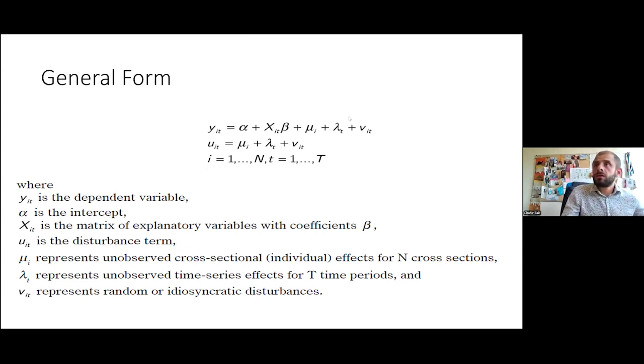Here the error term includes both mu and v, right? And mu_i is an individual fixed effect. It might be correlated with the x, which will make u and x correlated, and therefore it violates the condition of orthogonality. Okay.